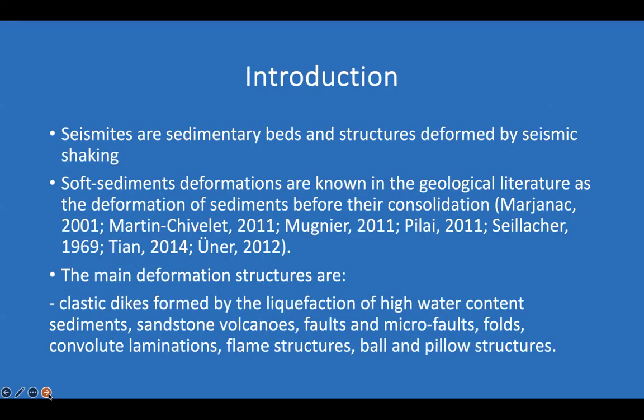First, seismites are sedimentary beds and structures that are deformed by seismic shaking. Usually, when we talk about sedimentary beds in the Quaternary, we are talking about soft sediment, because Quaternary sediments are usually non-consolidated deposits from different origins, like alteration, fluvial deposits, lacustrine deposits, and so on.